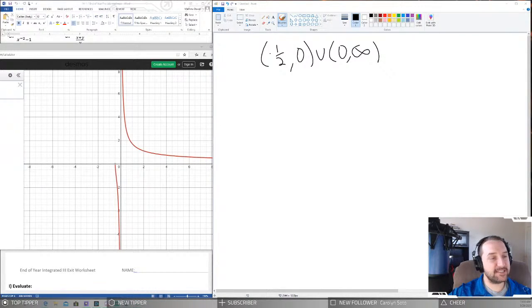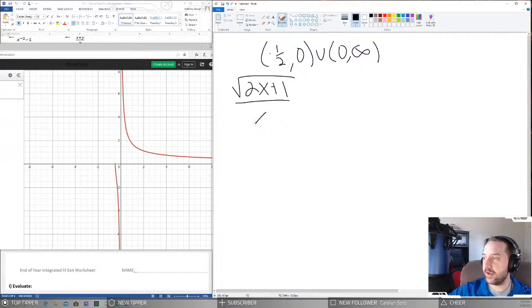But we can actually find this algebraically. We don't actually have to use Desmos or graph to figure things out. So let's look at that actual function. We have the square root of 2x plus 1 over x. To find the domain, we need to think about where our graph is undefined or doesn't exist. And we can break it into pieces to figure that out.